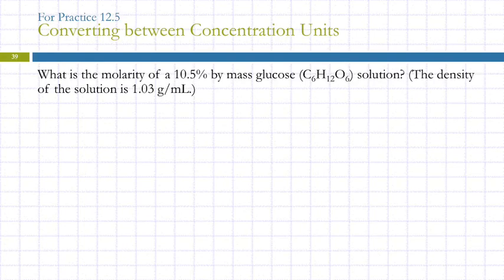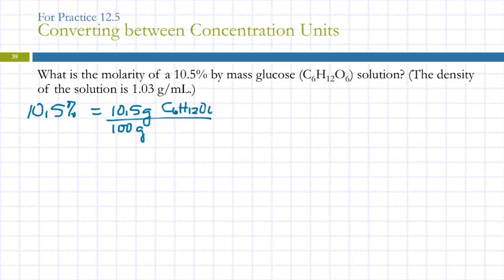So 10.5% by mass. So that means 10.5 grams per 100 grams, right? It's 10.5 grams of glucose, C6H12O6, per 100 grams of the whole solution.